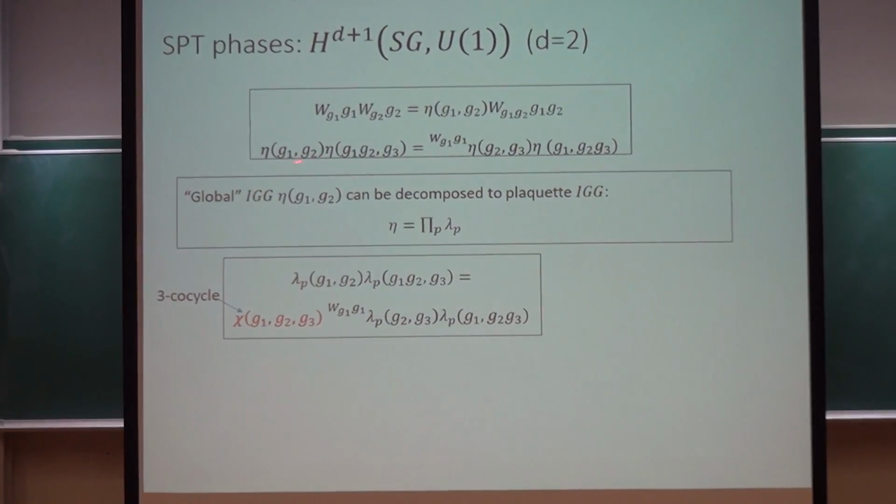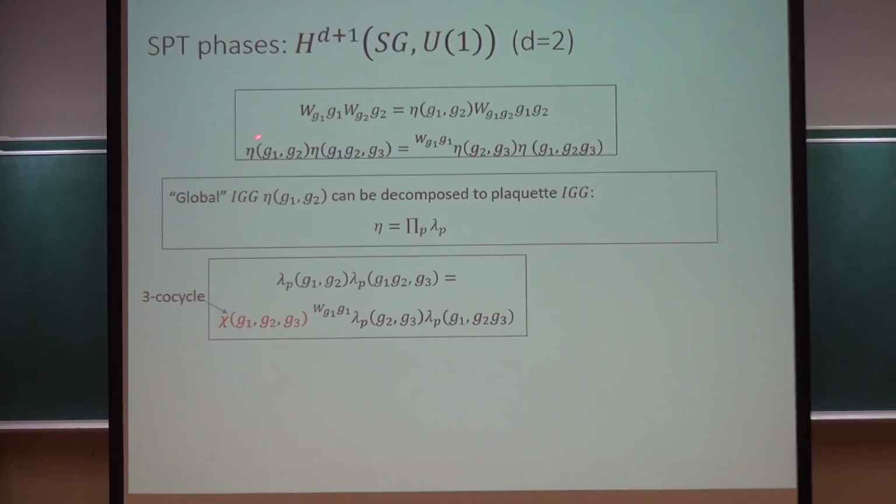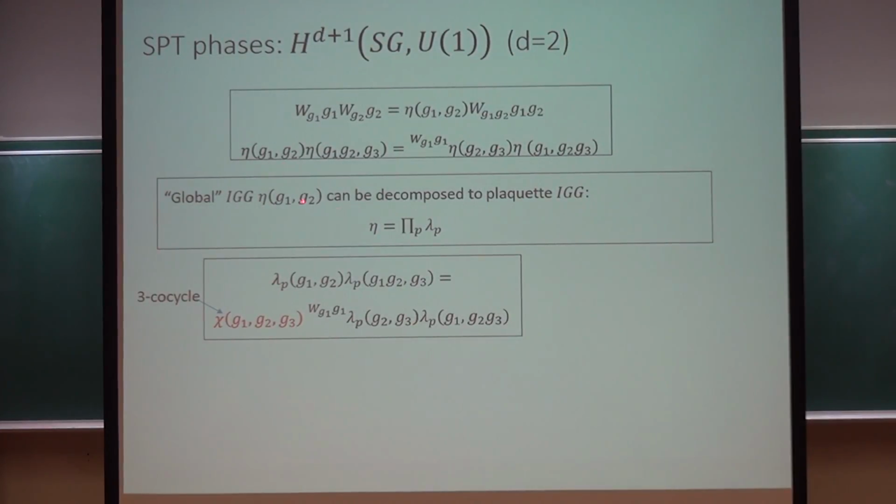So we assume all the eta can be decomposed into plaquette IgG. Then we can decompose this eta separately. But after the decomposition, you compare both sides. The both sides don't have to be equal because, as I mentioned, when you do the decomposition, there's a global phase ambiguity, a chi ambiguity over the whole lattice. So this will turn out to be a spherical cycle.